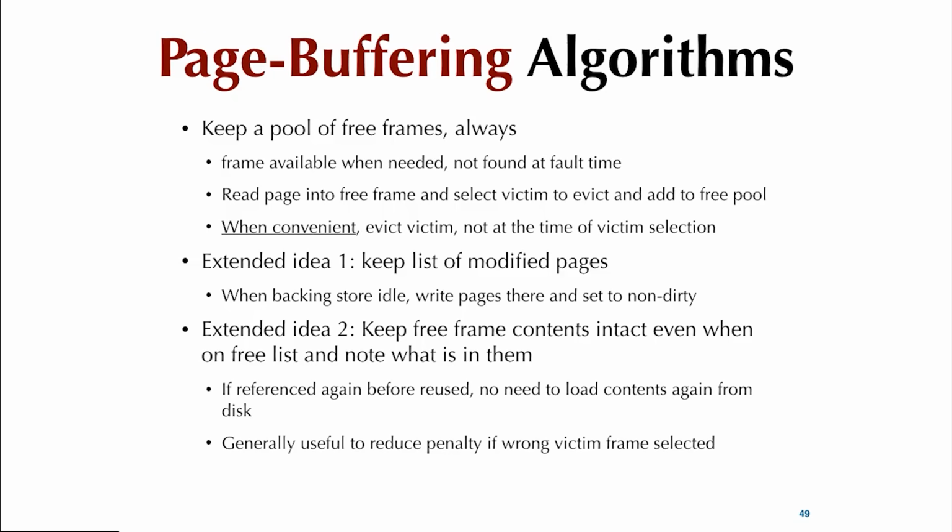So this guy's dirty, okay, let me flush it. Even though it hasn't been paged out yet, you page it out first. So what's the benefit? Well, it used to be dirty, now it's clean, because you saved it to disk. So next time, if you pick it as victim, you don't have to save it because you already saved it. It's already clean.